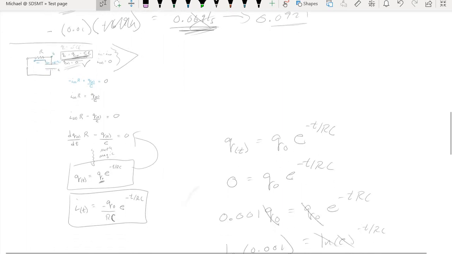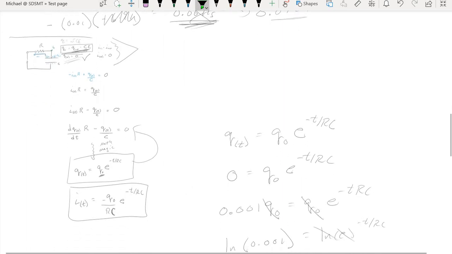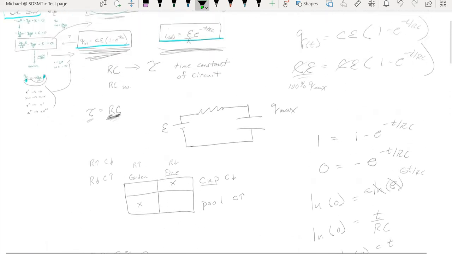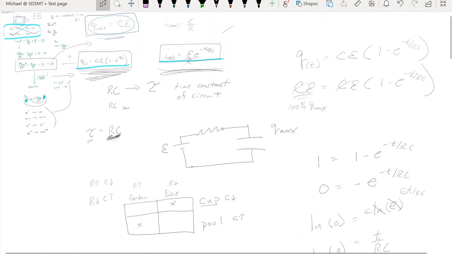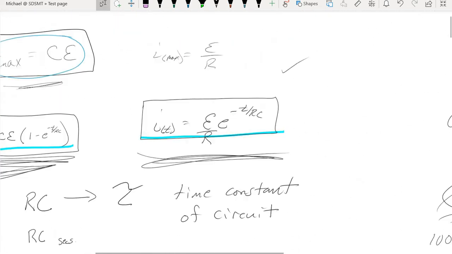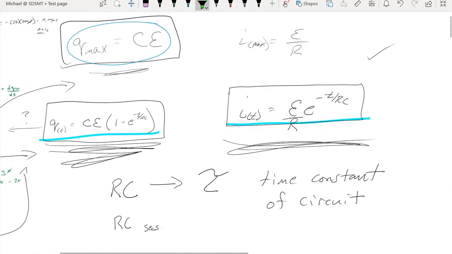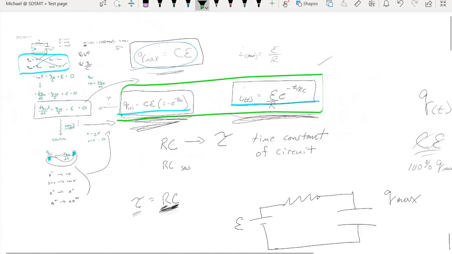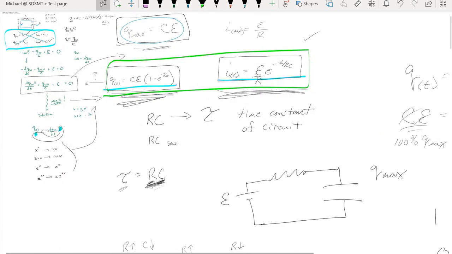But for right now, I would expect that you be able to use the equations that have been produced in these discussions, and you do need to be able to recognize the difference between charging a capacitor and discharging a capacitor, because you have different sets of equations.